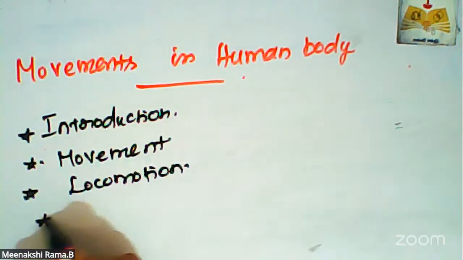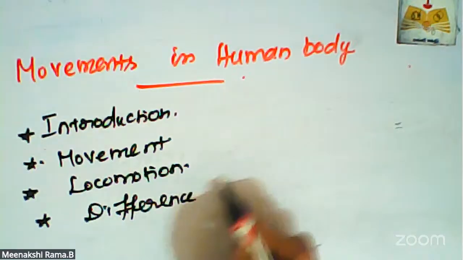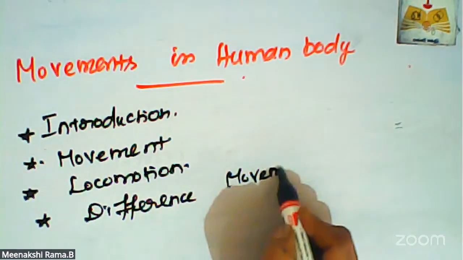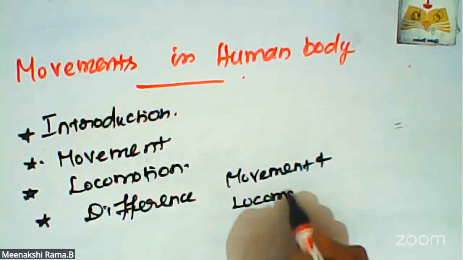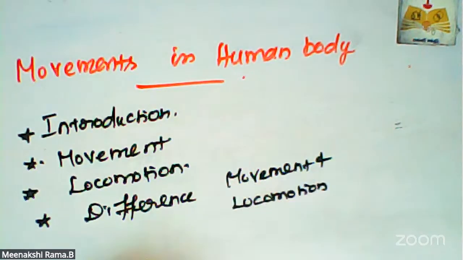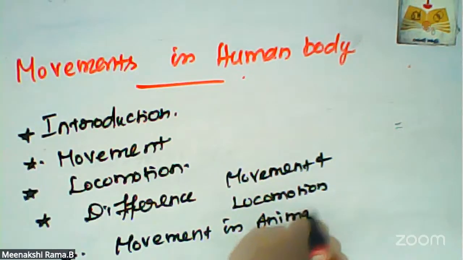And then next one is the difference between movement and locomotion. The third topic is distinguishing movement and locomotion. And next one is different kinds of animal movements. What are the animal movements we learnt in this session?